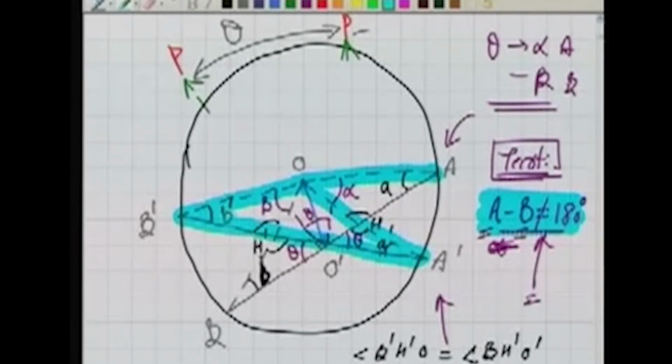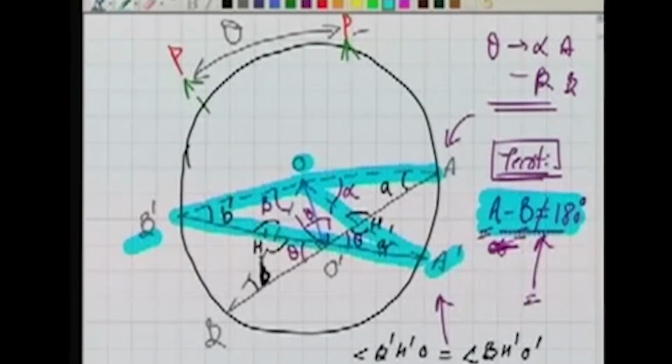So in the triangle B dash, O and A dash, B dash O is same as O A dash, because they are simply the radius in our circle.